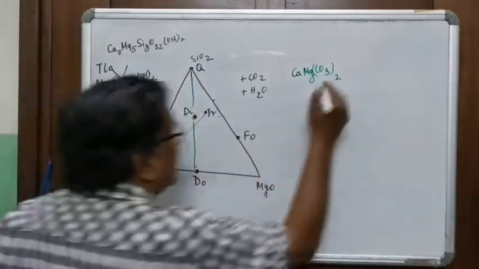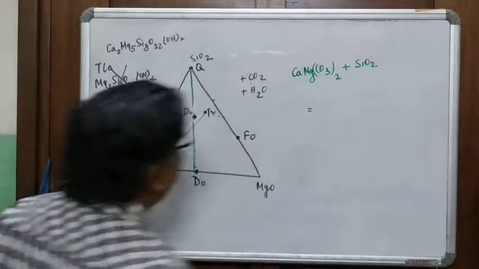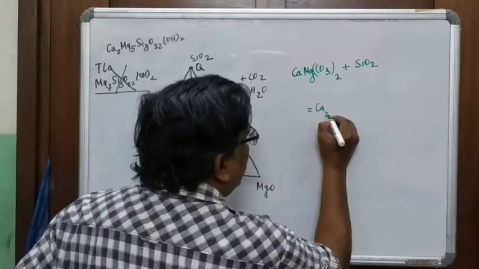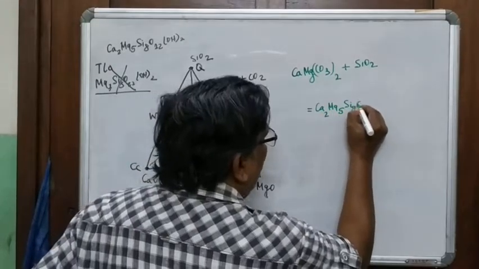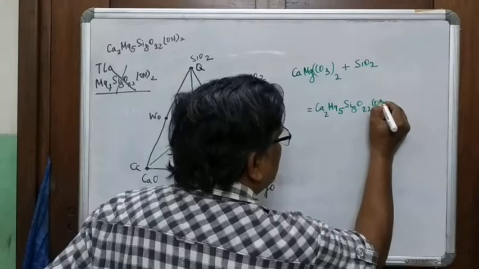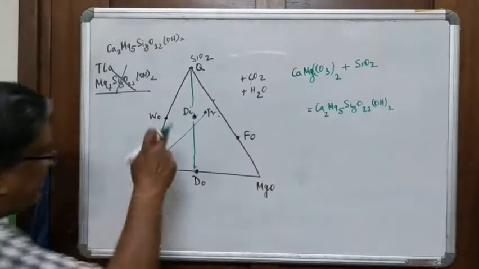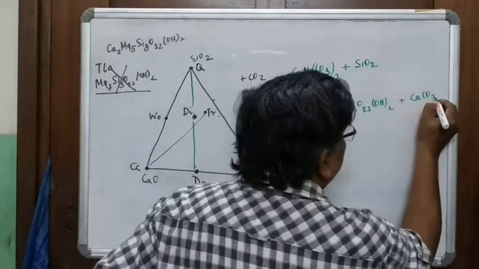Then we take quartz, SiO2, and then we have tremolite, which is Ca2Mg5Si8O22(OH)2, plus calcite, CaCO3.